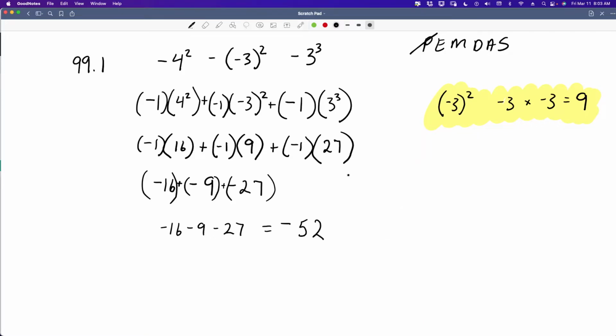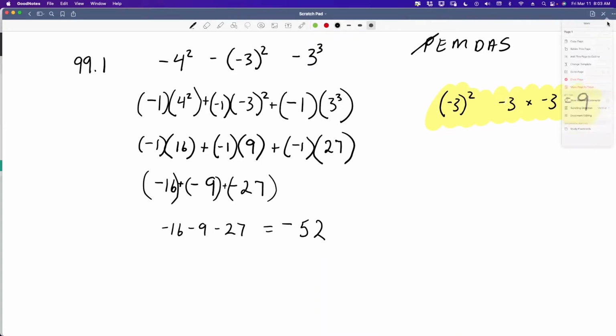So let's try 99.2. We have, let's see, negative 3, and it has parenthesis, and it has a cube on the outside, minus a negative 2 with a cube on the outside, or a 3.